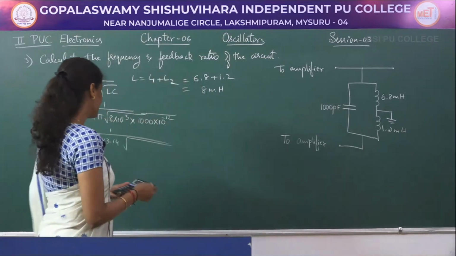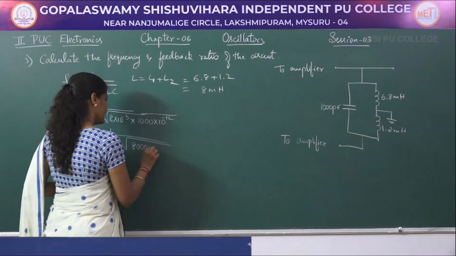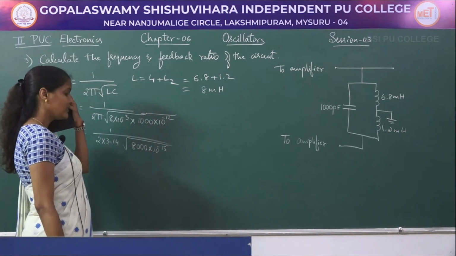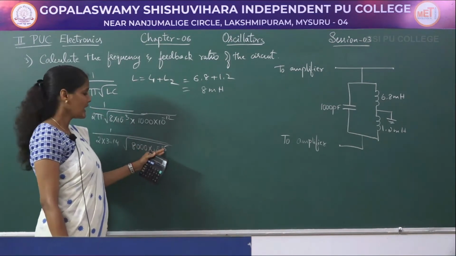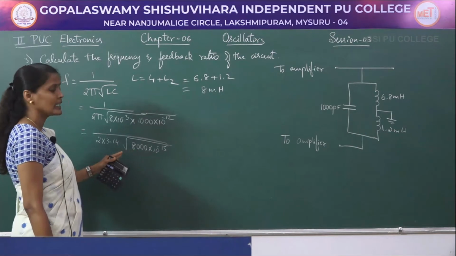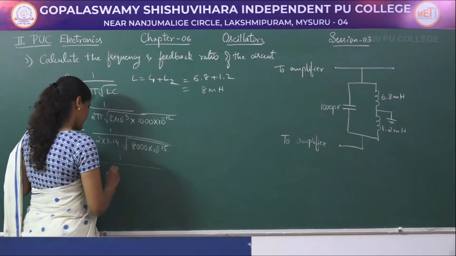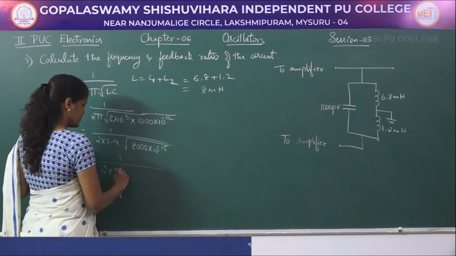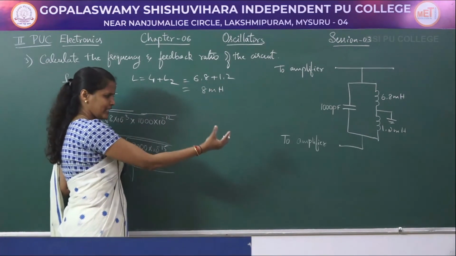let us multiply this, 8000 into 10 to the power of minus 15. So, I cannot convert this 10 to the power of minus 15, that is I cannot take out this 10 to the power of minus 15 out of the square root. So, let me convert that into 10 to the power of minus 14. So, 2 into 3.14 into 10 to the power of minus 15.